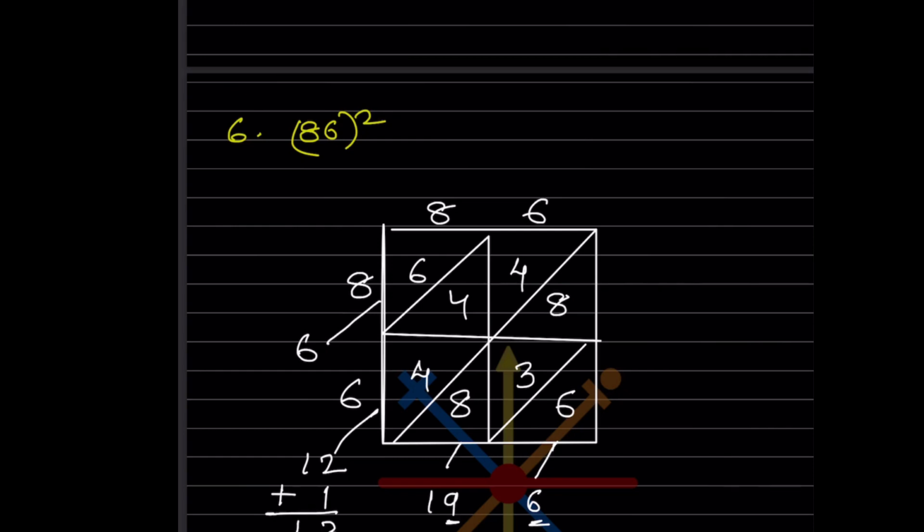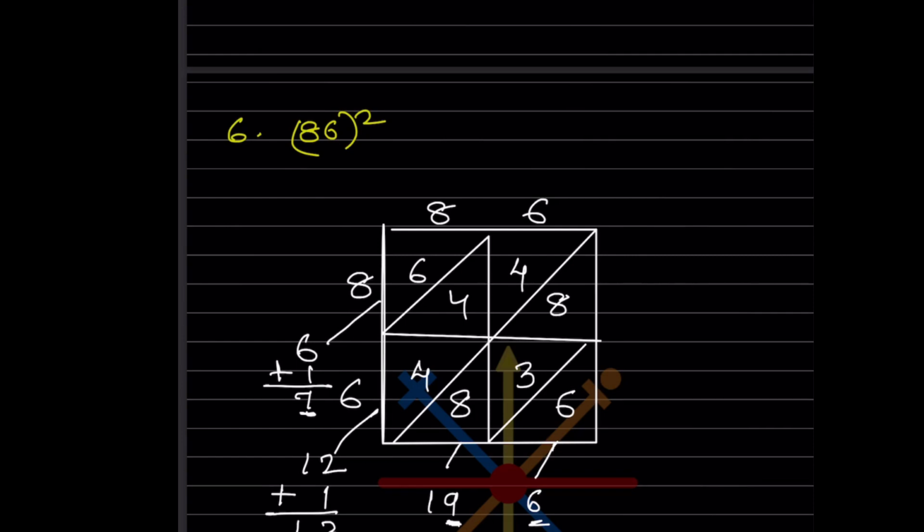So now we will underline this one. We are just going to concentrate on this 13, and this 1 will go in the previous one. This 1 will go here. So that will be 6 plus 1, that is going to be 7.